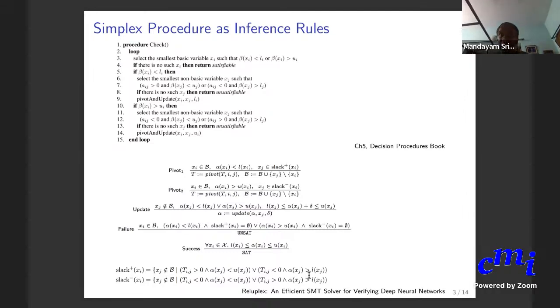Since the basic variable that just got flipped is set to either its lower bound or upper bound, this condition will never get satisfied.